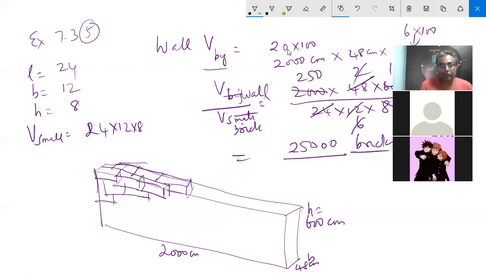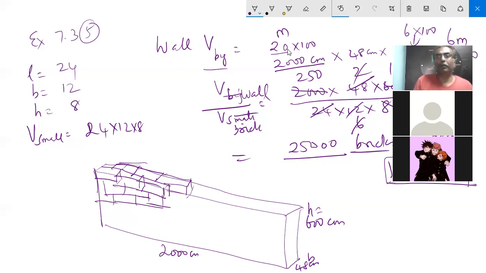Okay. 25,000 bricks, very simple. 20 meter is given, therefore it is 2000 centimeter. 1 meter is equal to 100 centimeter. Very good, Sandhya. That's why here also 600 centimeter, because he's saying 6 meter, therefore 6 into 100.